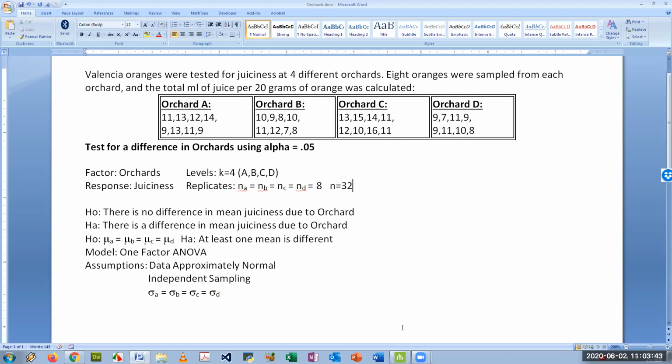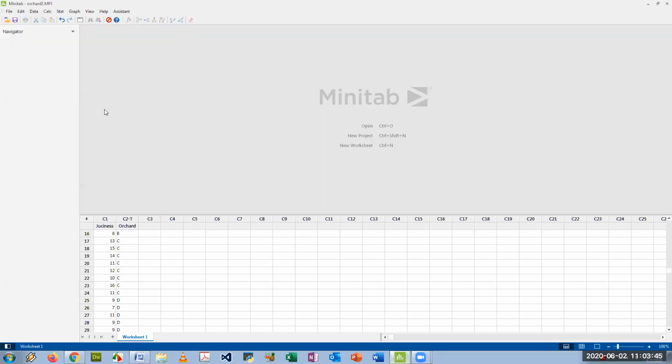Okay, so I'm going to go ahead and bring up the data in Minitab, and here you can see we have all of the response variables, juiciness, in a single column, and we have orchard in a second column, which is the factor. Sometimes you have each population written across, like I might have orchard A, orchard B, orchard C, orchard D, and Minitab will be able to handle data in both those formats.